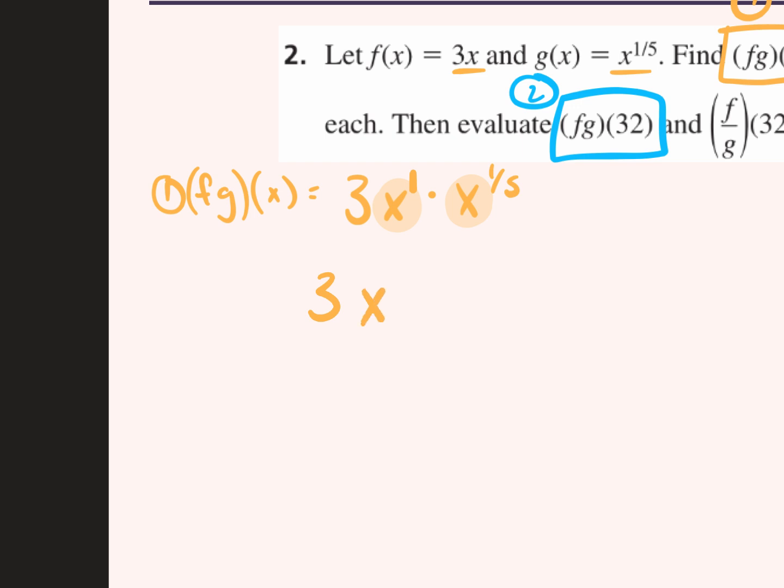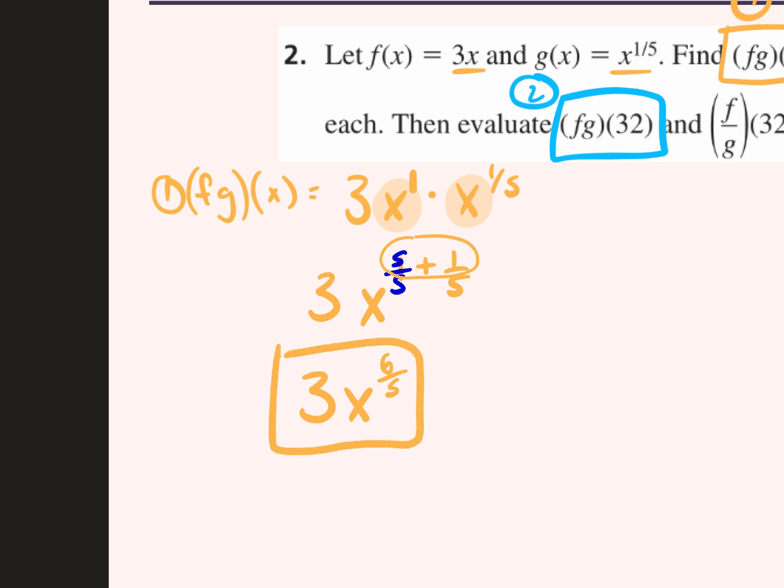So it's x to the power of 1 plus 1/5. I can change the 1 to be 5/5. And then we just add our numerators together. So this becomes 3x to what power? The 6/5 power. So when you're multiplying, you add the exponents. If we were dividing, we subtract the exponents.